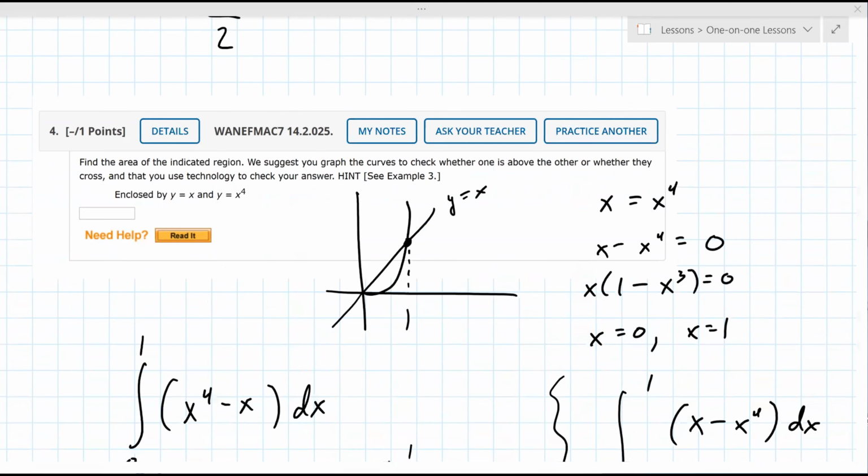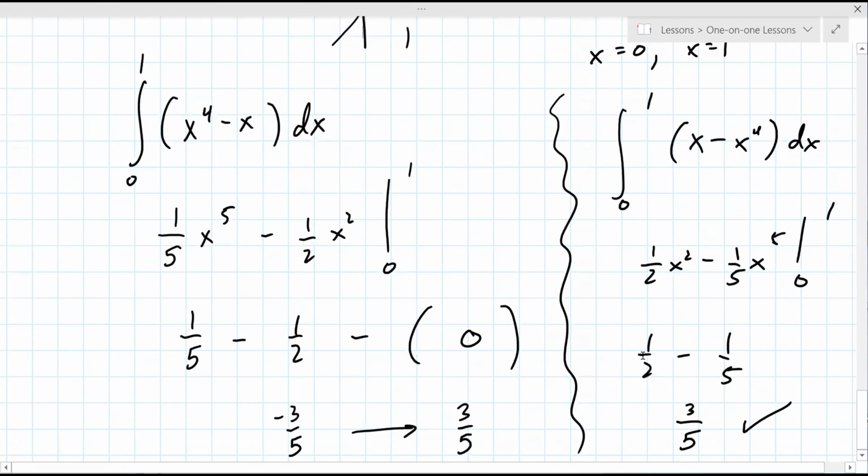I need to check this on something else because I don't know why it's not right. If you've got your calculator handy, you can just verify this one on the right is 1/2 minus 1/5. 0.5 minus 0.2 is 0.3.